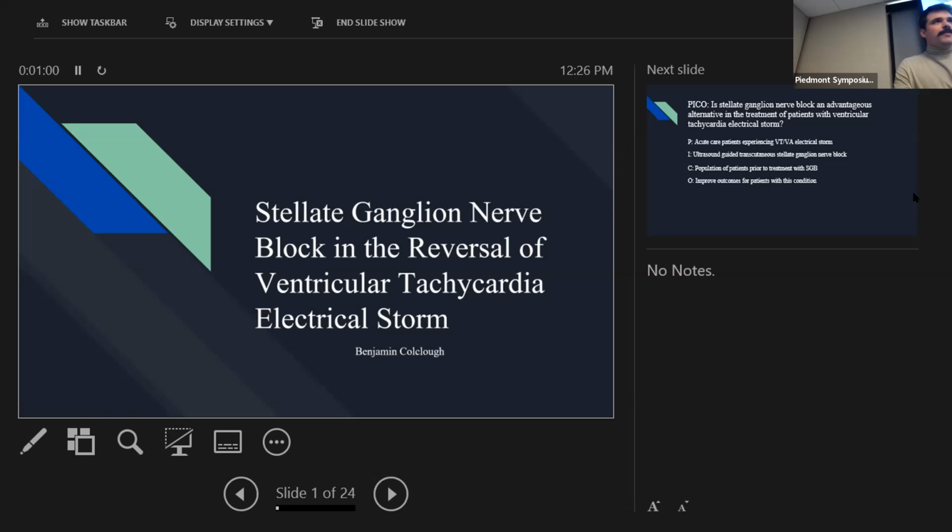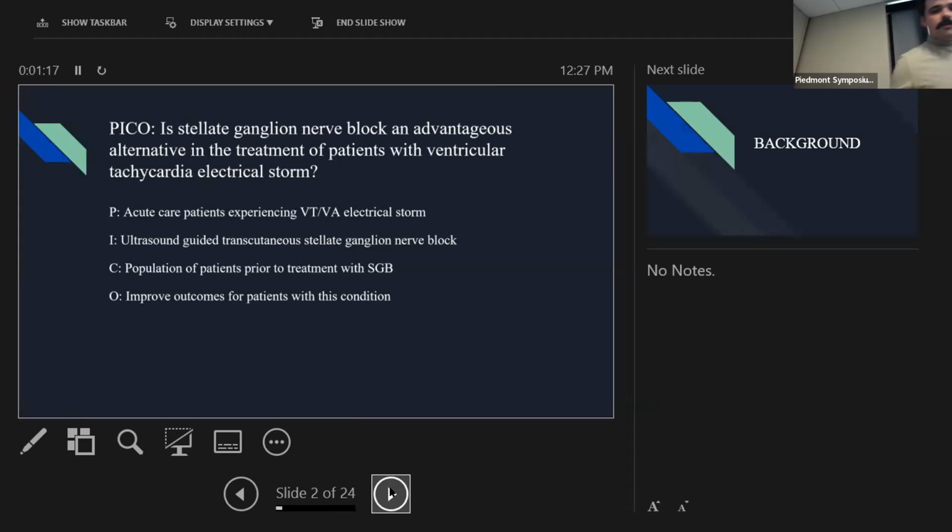All right. Good. Hey everyone, good afternoon. My name is Benjamin Coakley, and today I'll be presenting over the use of the stellate ganglion nerve block technique in the reversal of ventricular tachycardia electrical storm. So my research question is: is the stellate ganglion nerve block an advantageous alternative to the treatment of patients with this ventricular tachycardia electrical storm?